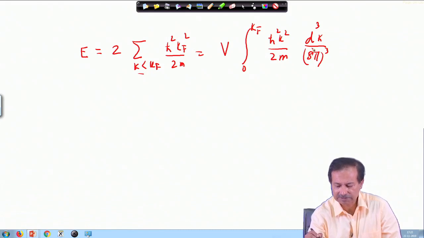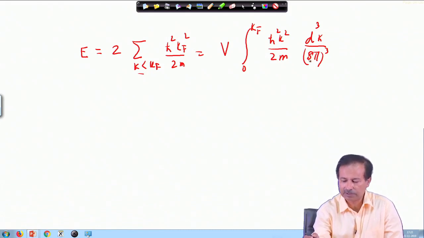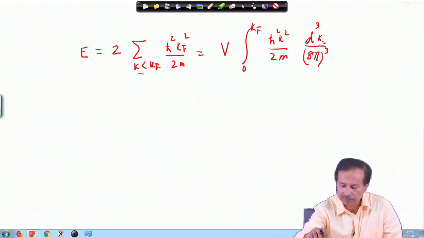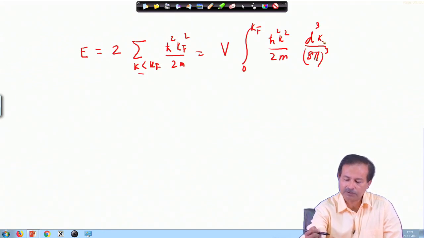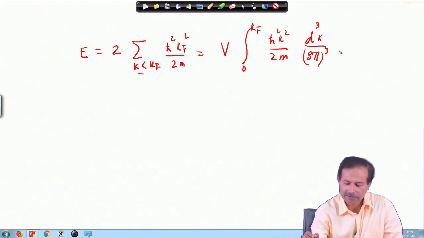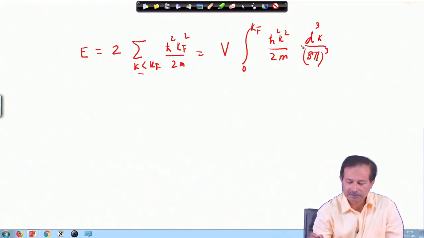So counting states is actually quite useful. What I have done is replace the sum by an integral over a volume in k space, and that volume contains how many k values I know. That is what I have just done, and this basically is the result.